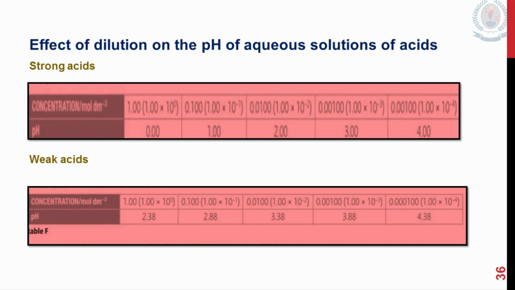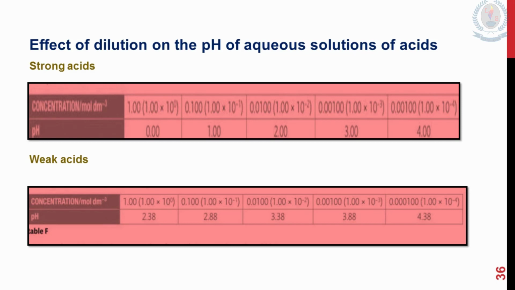And for the weak acids, this table shows the pH of 5 aqueous solutions of ethanoic acid. In each case the acid has been diluted by a factor of 10, down to 10 to the power minus 4 M. Once again all solutions are at a temperature of 298 Kelvin.